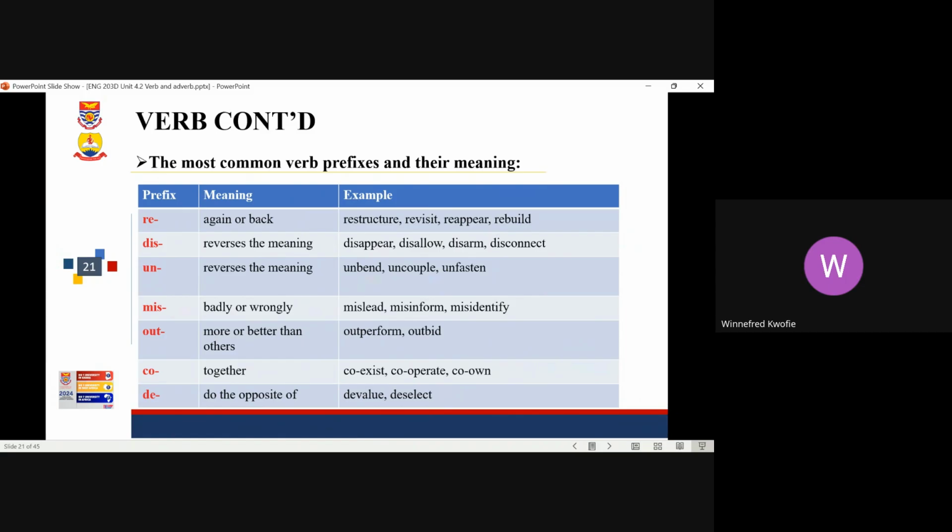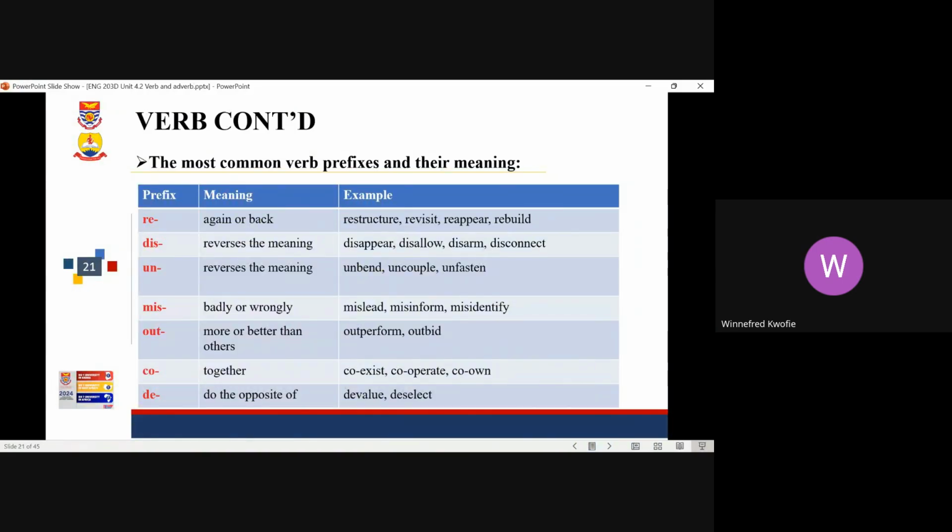For example, we have the prefix re, which often means again or back. So restructure, revisit, reappear, rebuild: build again, appear again, visit again.